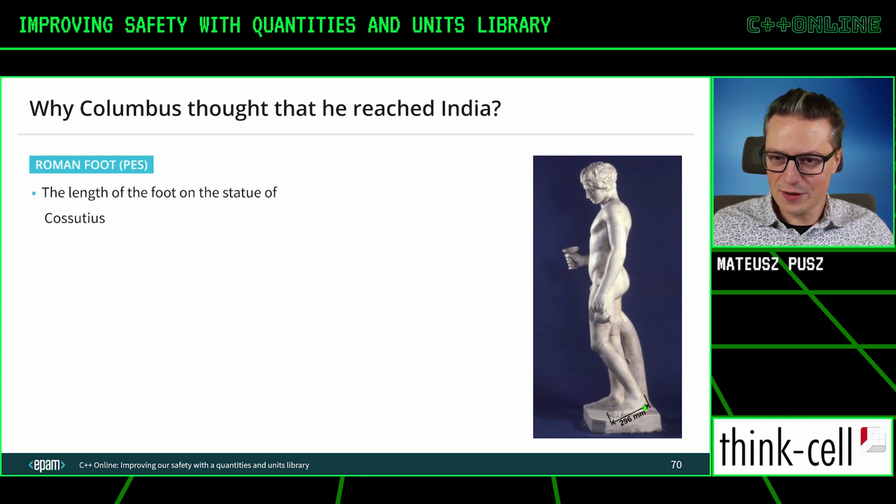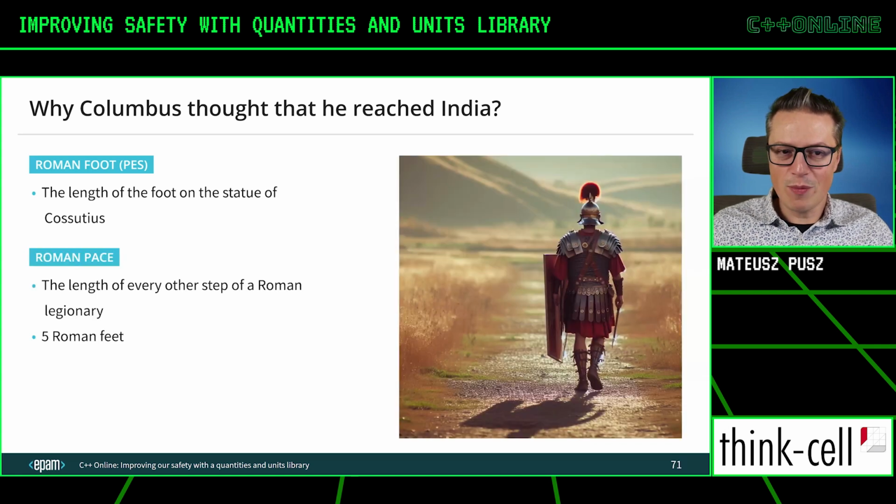This is exactly the official standard for length in Rome. Today it would be 296 millimeters. And then the Roman pace was the length of every other step of a Roman legionary. So it was measured as 5 Roman feet.